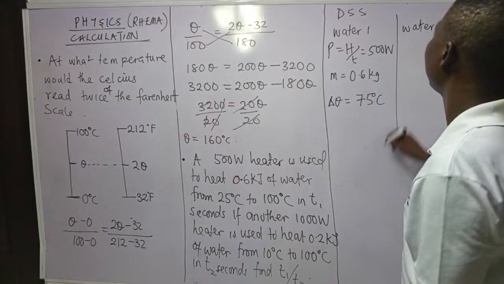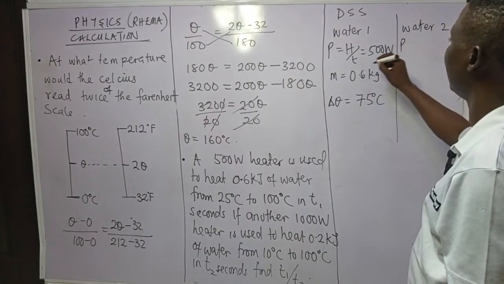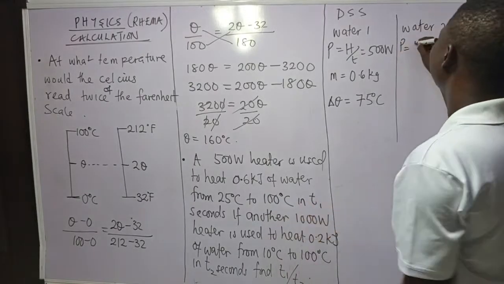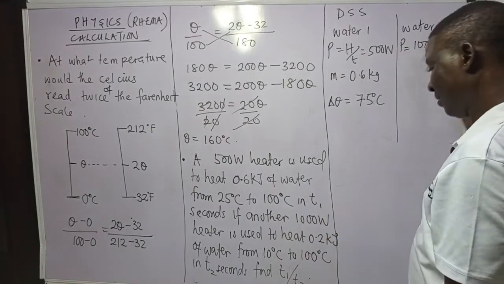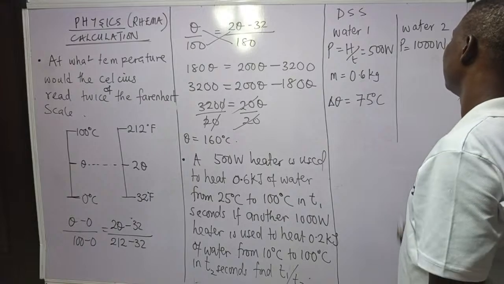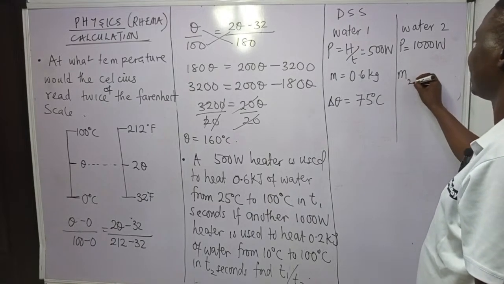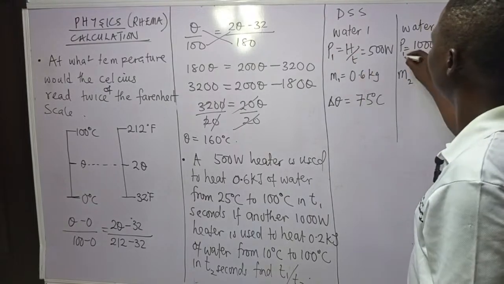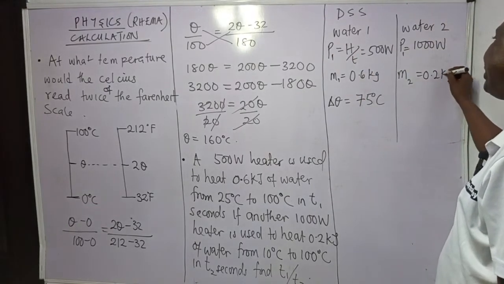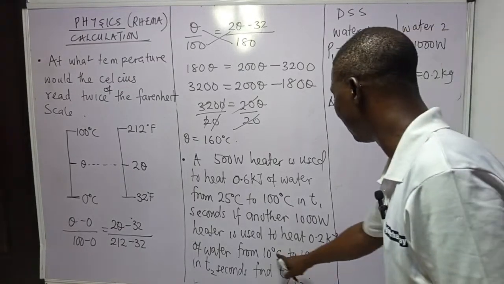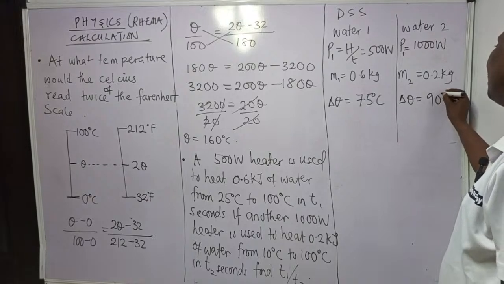Then, if another 1,000 watt heater is used, what is the mass now for the second one? 0.2 kg. They will play with it. Change in temperature will now be 100 minus 10, that will give us 90 degrees.